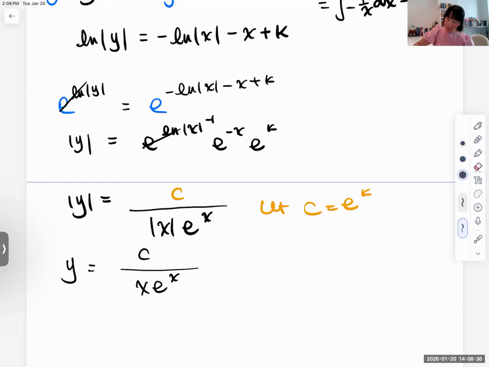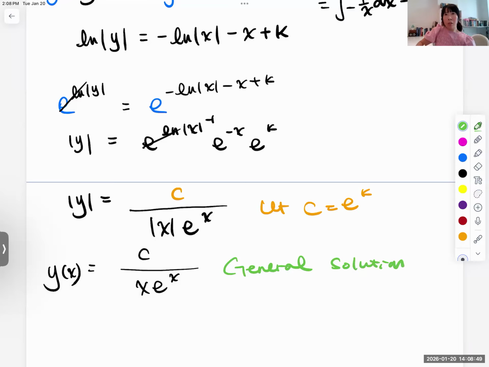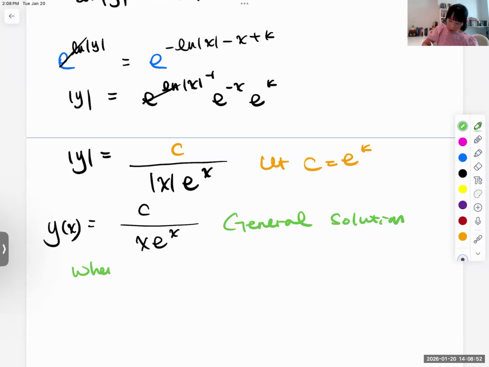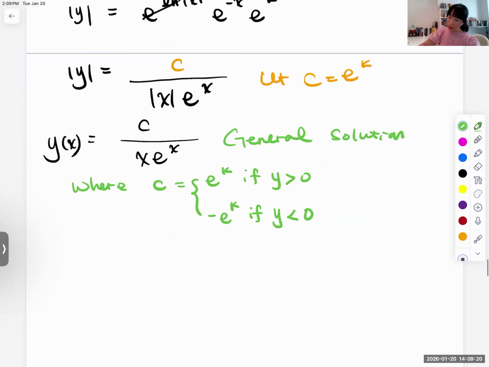So where c is e to the k power, c is positive if y is greater than 0, negative if y is less than 0.